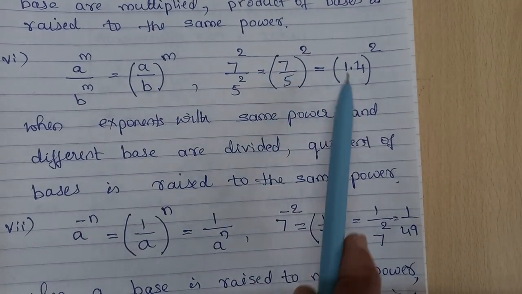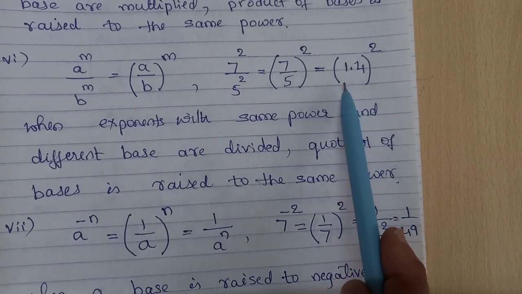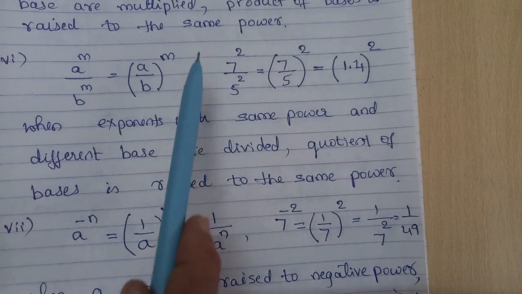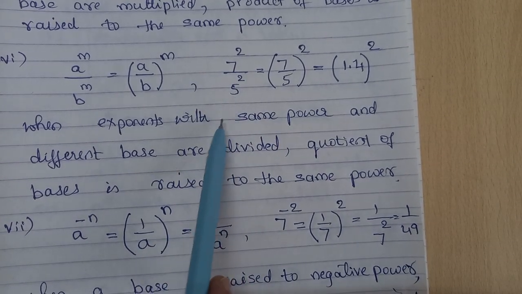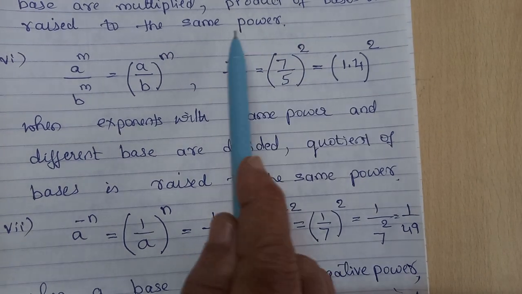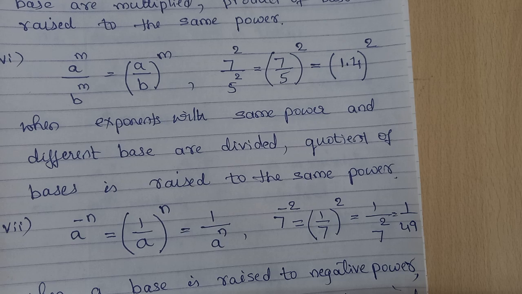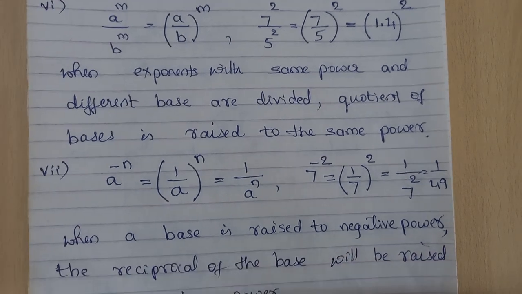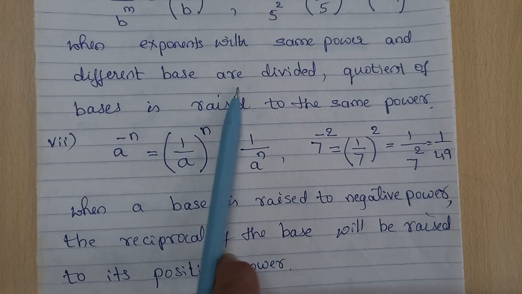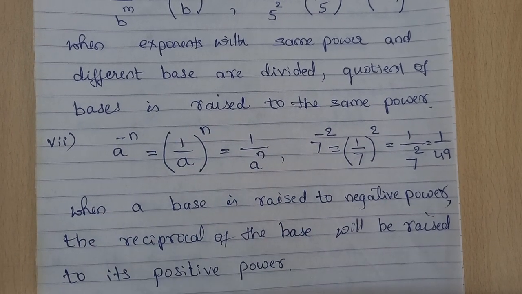And 7 upon 5 is 1.4, so 1.4 bracket square. Now it is easy to find the square of 1.4. You can verify it by simplifying the left hand side and the right hand side. You will see that LHS is equal to RHS. When exponents with the same power and different bases are divided, the quotient of the bases is raised to the same power.